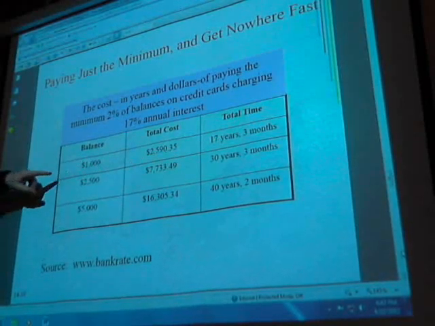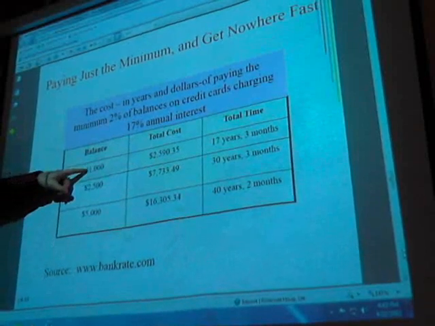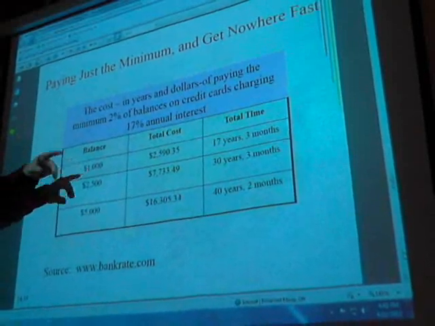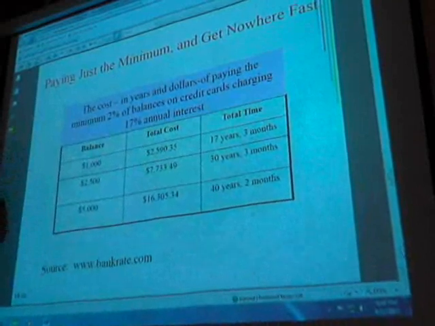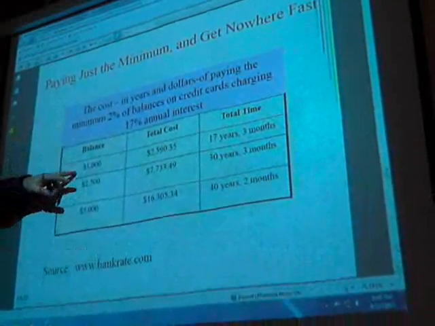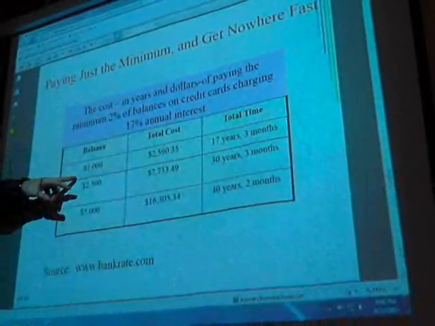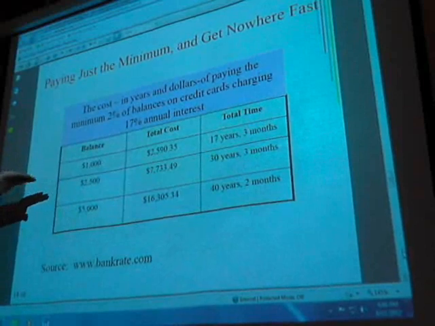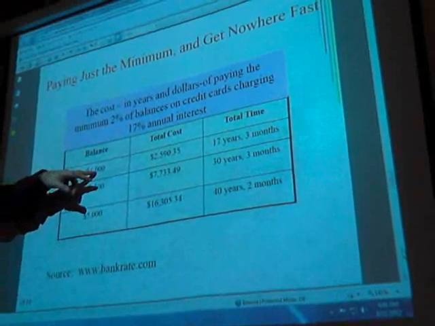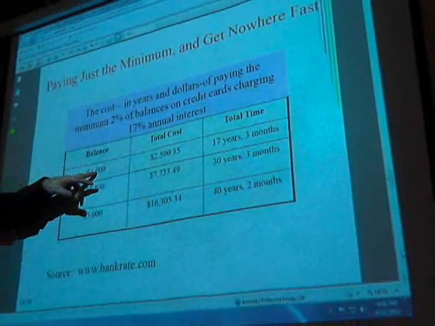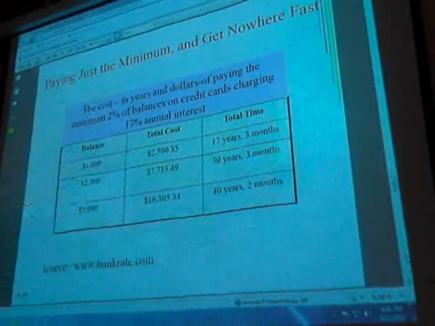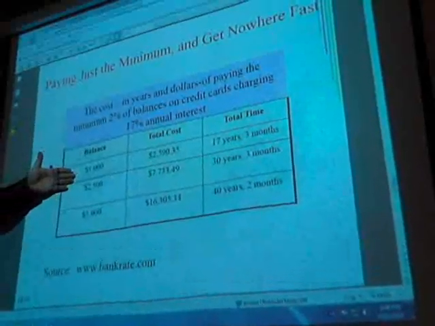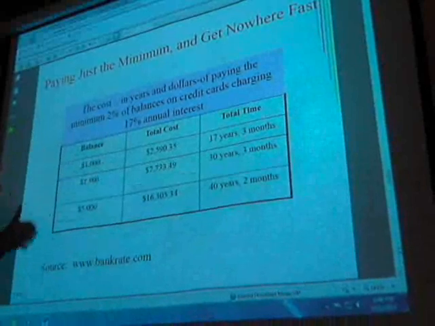Let's say you have a $1,000 limit on your credit card, and you charge $1,000 in merchandise. You've maxed it out, and you're not going to use it anymore. For this example, you're just making the minimum monthly payment every month, and you're not charging anything else on it after that. Does that make sense?